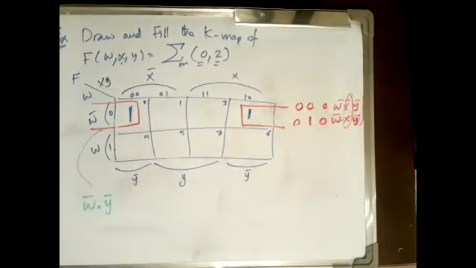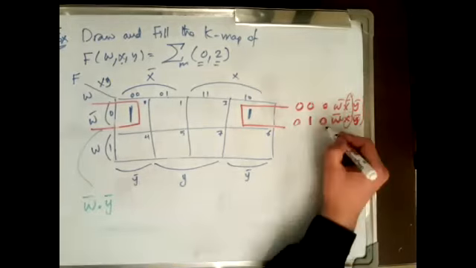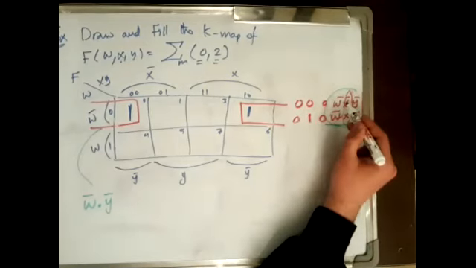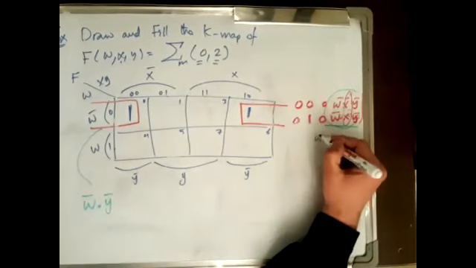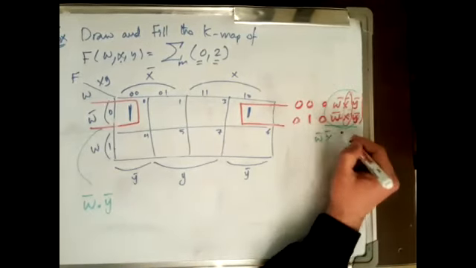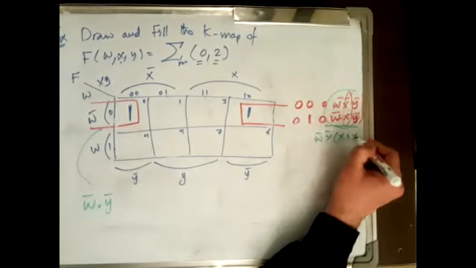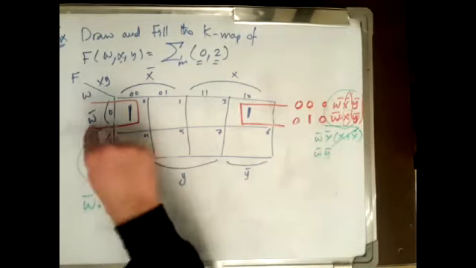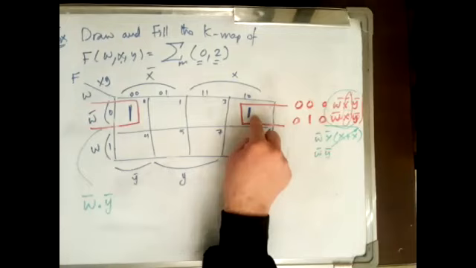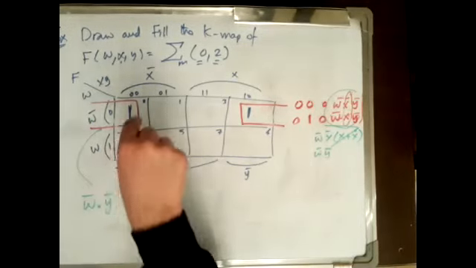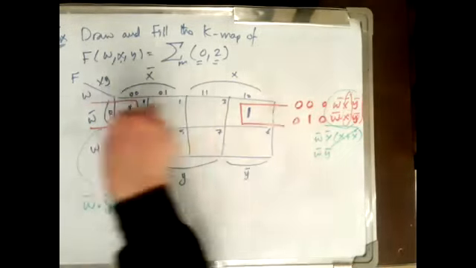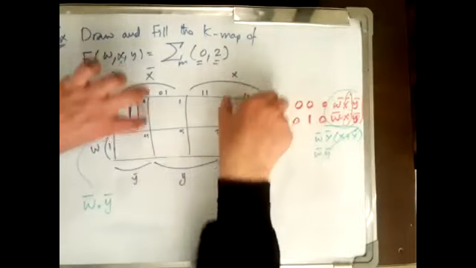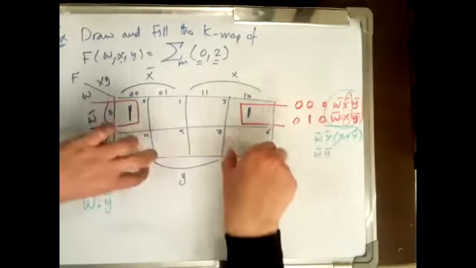And this is what you get if you try to simplify this. You will take W bar, Y bar as common factor, and this leaves x or x bar inside. So this red rectangle, which combines this square with this square, is essentially W bar ANDed with Y bar.